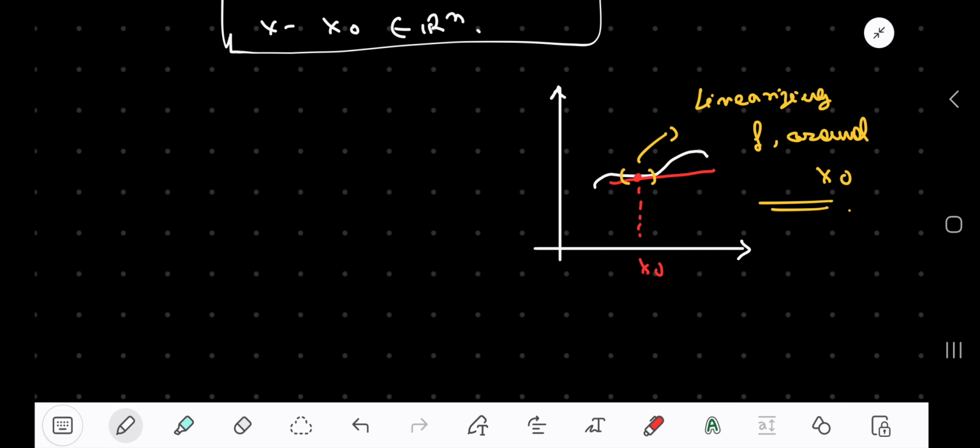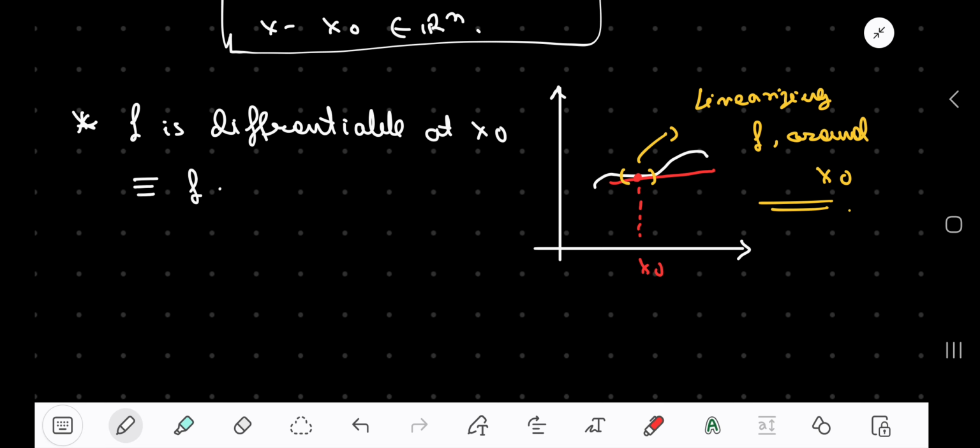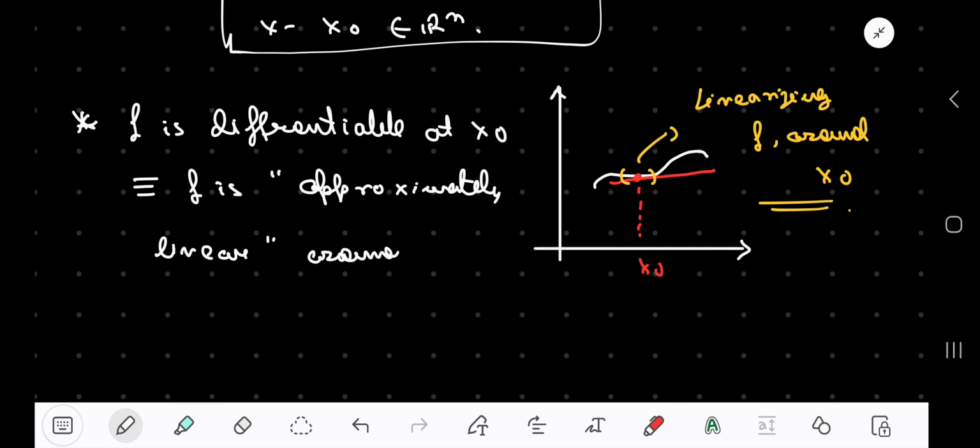Okay, so when we say that f is differentiable at x naught, what we typically keep in mind is that f is approximately linear near x naught. So we can think of it this way: f is differentiable at x naught is equivalent to saying f is approximately linear around x naught, or near x naught, whatever.